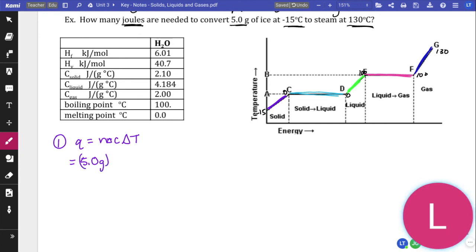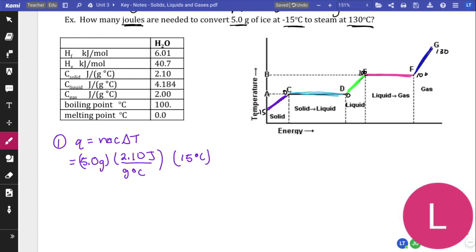We're in ice at negative 15 degrees Celsius, so our specific heat is going to be 2.10 joules per gram degree Celsius times our change in temperature. So final minus initial. Our final temperature here where we melt will be 0. So 0 minus negative 15 gives us a temperature change of 15 degrees Celsius.